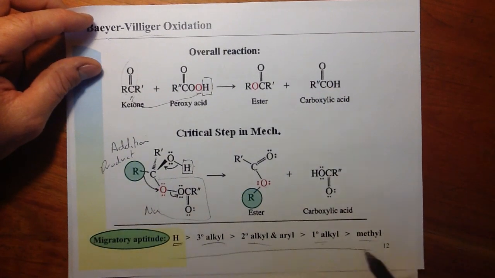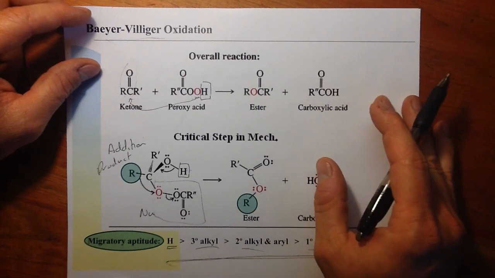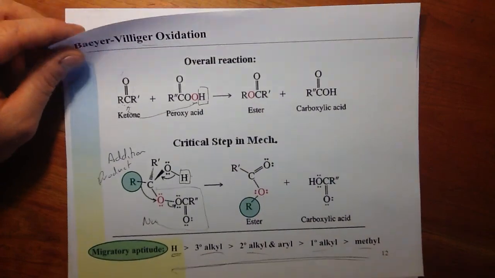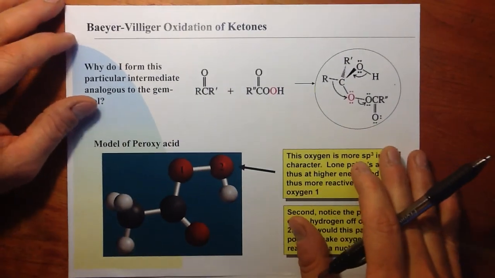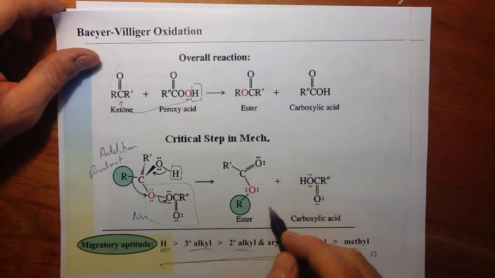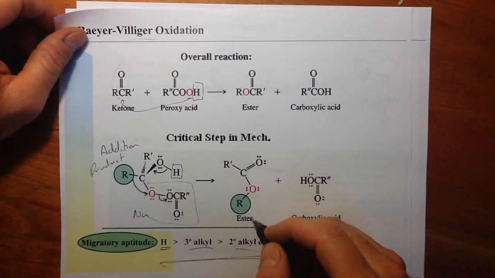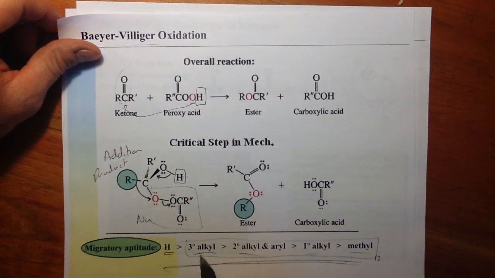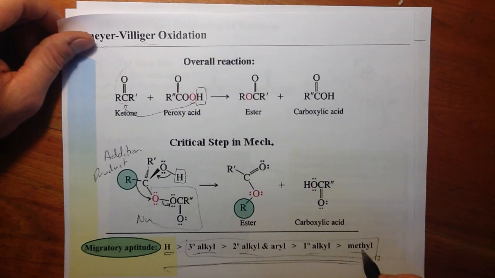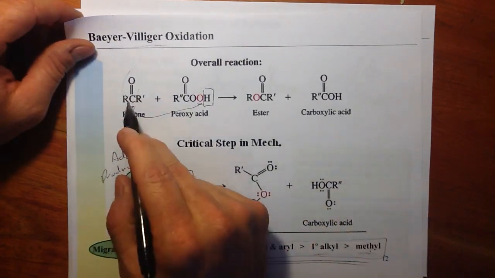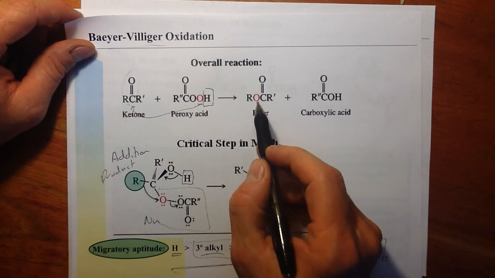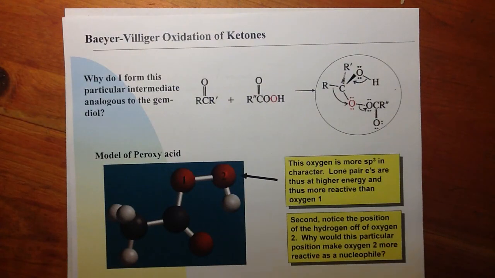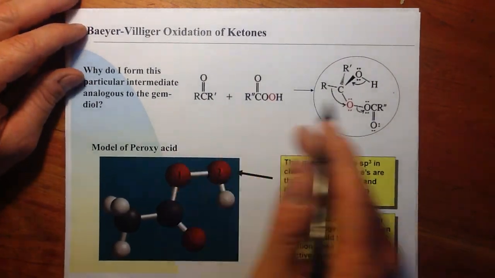So you want to know this migratory aptitude: hydrogens, then tertiary carbons, secondary carbons, primary carbons, and then methyl groups. Sorry, we maybe just want to say that if you finish, you end up with either a carboxylic acid if it's a hydrogen, or of course an ester if it's one of these carbons: tertiary, secondary, primary, or methyl. You end up with an ester. That R group is bonded to the carbonyl through that oxygen, and of course we get the carboxylic acid as a byproduct. Alright, just a little bit more discussion on this.